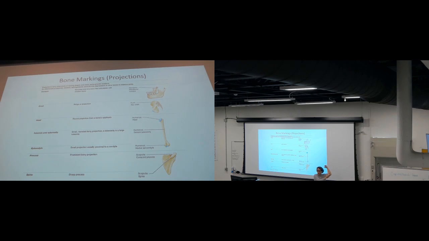If you have hit this against an object, you know how painful it feels in this region. It's because between the trochlea of the humerus, which is here, and the medial epicondyle, we have the running of the ulnar nerve. And when you hit it, you are compressing the ulnar nerve, and that creates that painful sensation.